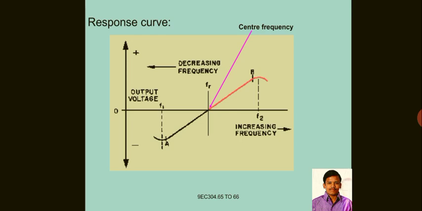Whenever the input frequency increases from 0, while it is less than the resonance frequency, the output voltage will be negative. From negative it comes to 0 when it reaches the center frequency. Whenever the input frequency increases beyond the resonant frequency, the output slowly goes to the positive side because the inductive reactance is more than the capacitive reactance.